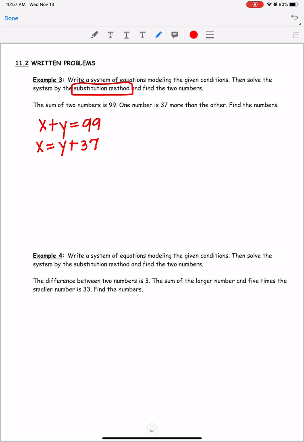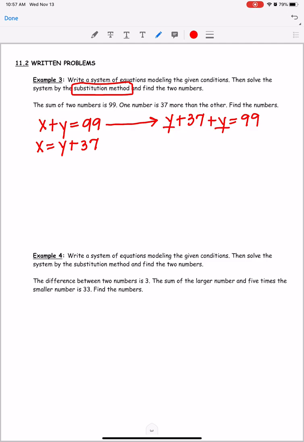So let's solve. Because this is already solved for x, we're going to plug that into the first one technically. So in place of this x here, I now have what x equals. So we have y plus 37 plus y equals 99. So in place of this x here, we put in y plus 37 because that's what x equals here. So now solve for y.